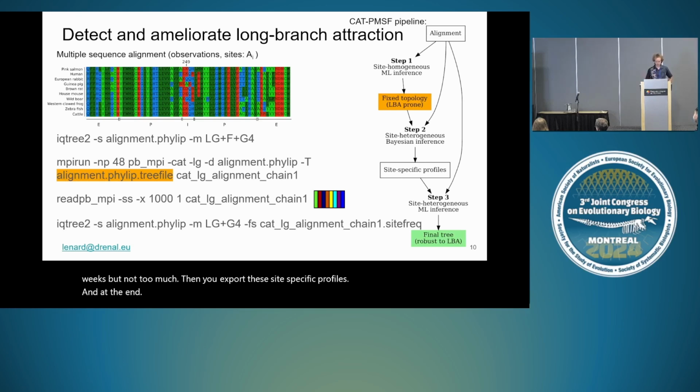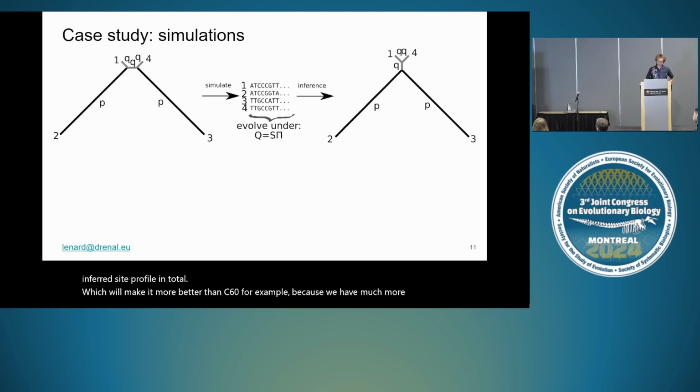We use IQ-TREE in our paper and now we let the topology free, but we give to the model, the exchangeability model, this PhyloBayes-inferred site profile data, which will make it better than C60, for example, because we have much more categories to mix.